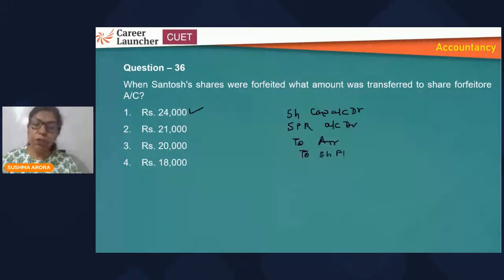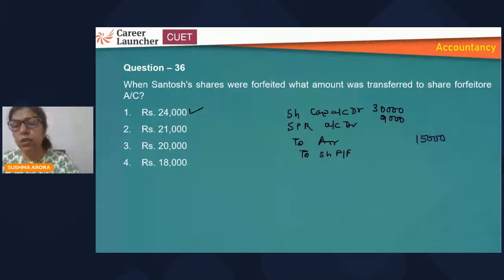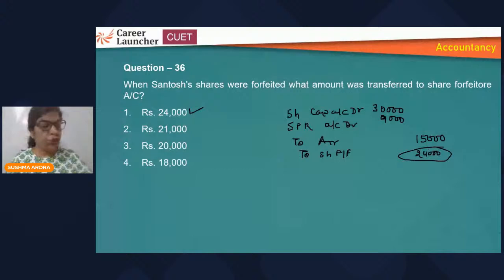Very easy way I am telling you. 30,000 you are going to give, and that 9,000 will be here. Total arrear of this person is 15,000, so we can say that 24,000 will be transferred. Got it? Very good. 24,000.